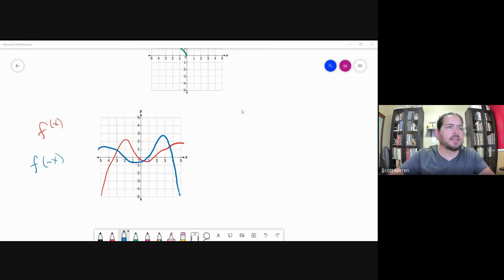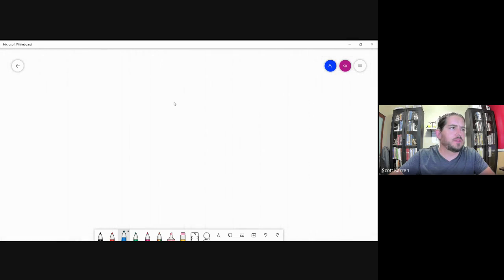All right, the next thing in here is stretching and shrinking. C multiplied by the function.